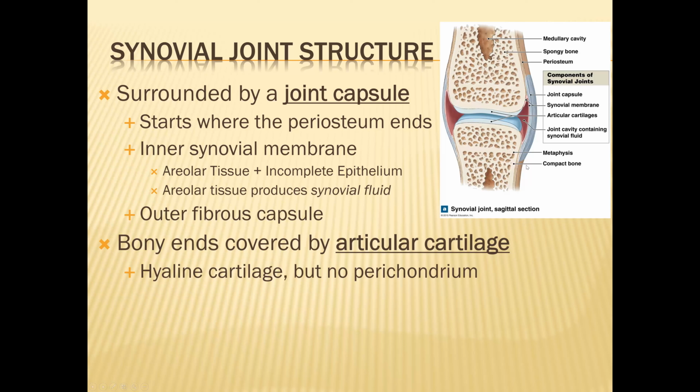So it is made of hyaline cartilage, but it does not have a perichondrium because it is open to the inside of this joint cavity, and as you'll see on the next slides, its synovial fluid needs to be able to go into and out of the cartilage matrix. The matrix also contains more water here than it does in other places, so this is like a more watery form of hyaline cartilage.